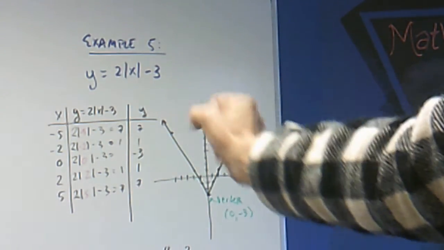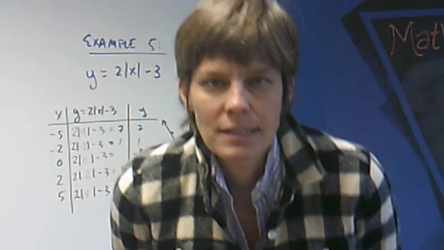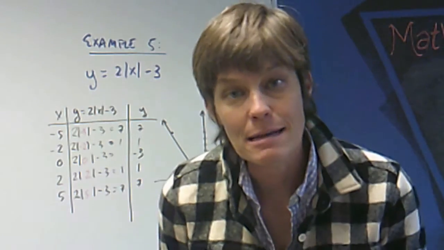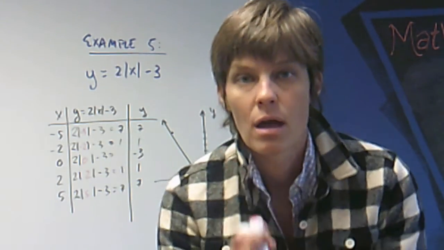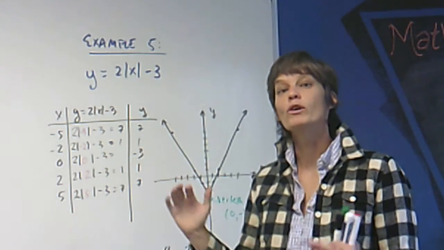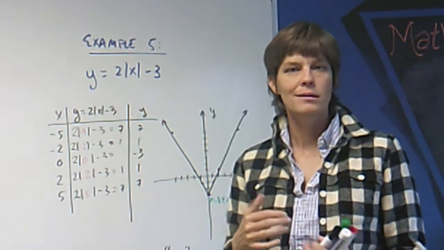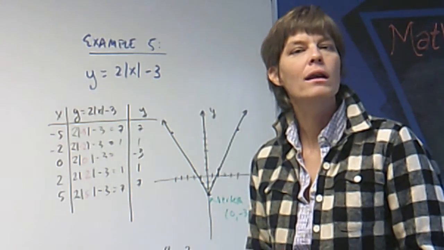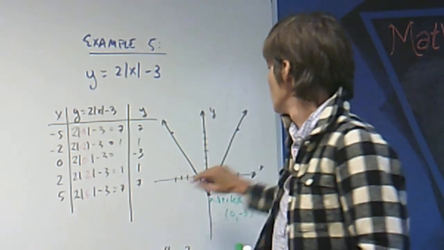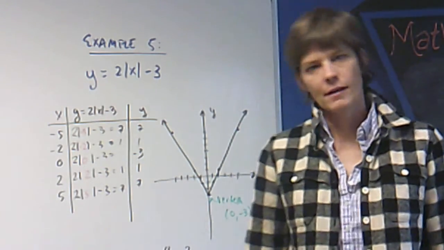It's like I want to take it and pinch it. I'm just going to let the cat out of the bag. It got steeper, narrower, because of the 2. If the 2 was less than 1, like between 0 and 1, it would pull it apart. That's just what it does.